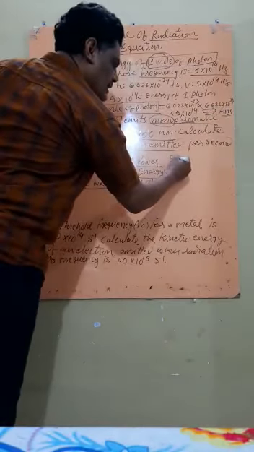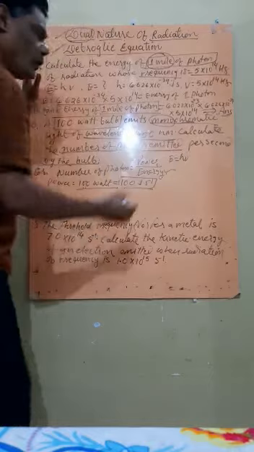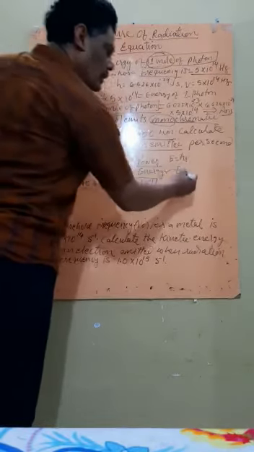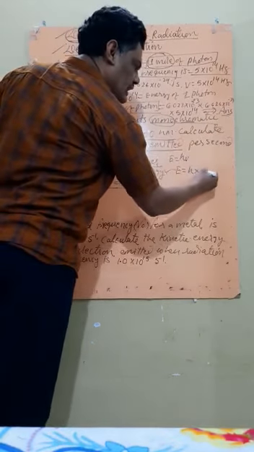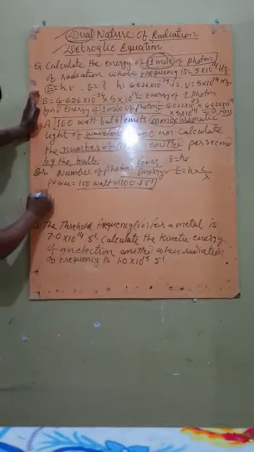Now what do we have to find? We have to find energy. So what is the formula of energy? E is equal to hv, and one more formula is there: E is equal to h, and in place of nu you can write c upon lambda. So E is equal to h into c upon lambda. Now start placing values. What is h?